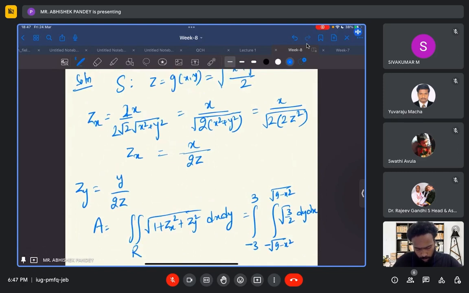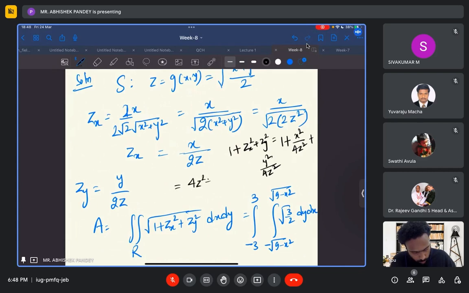So if you calculate 1 plus zx square plus zy square, this is 1 plus x square by 4z square plus y square by 4z square, and this is going to be 4z square plus x square plus y square upon 4z square.